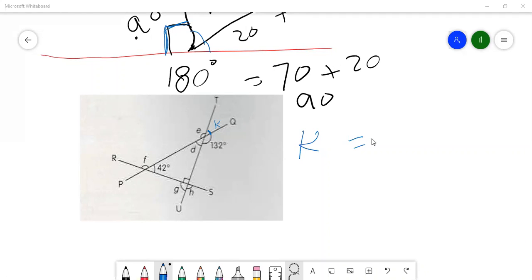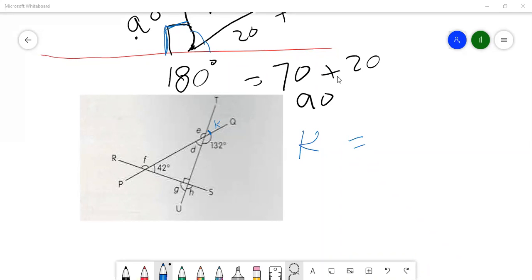Why 40? Because it is less than 90, I think it is 40. No, we cannot say it like this, guys. It is sure it is less than 90, but it's not 40.